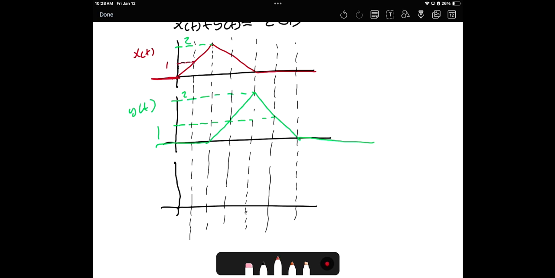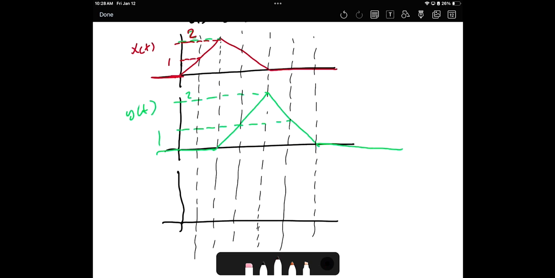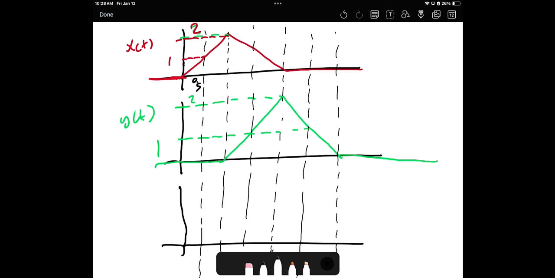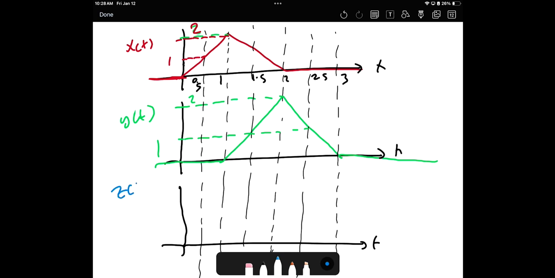The value is 1, again this is 2, and I need to write the corresponding values of the time. So I'm going to assume this is 0.5 second, this is 1 second, 1.5, 2, here is 2.5, 3 seconds. So here is time, and our target is to make their sum, so z of t, which is x of t plus y of t.